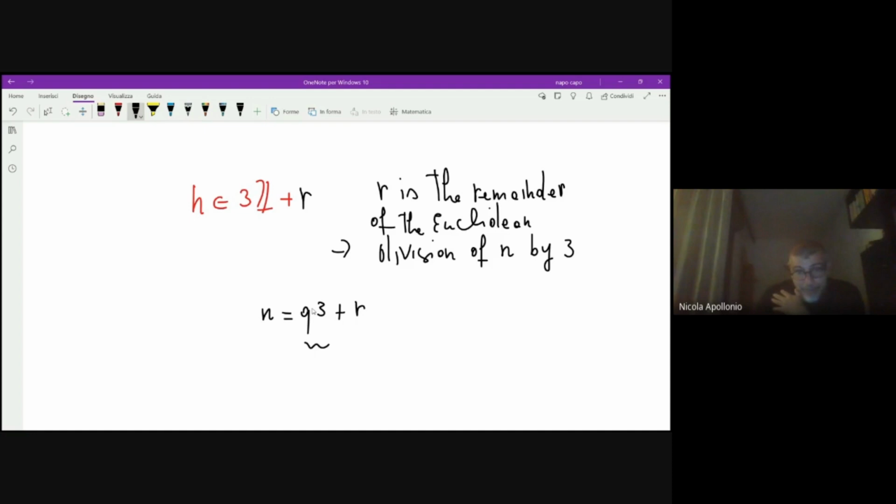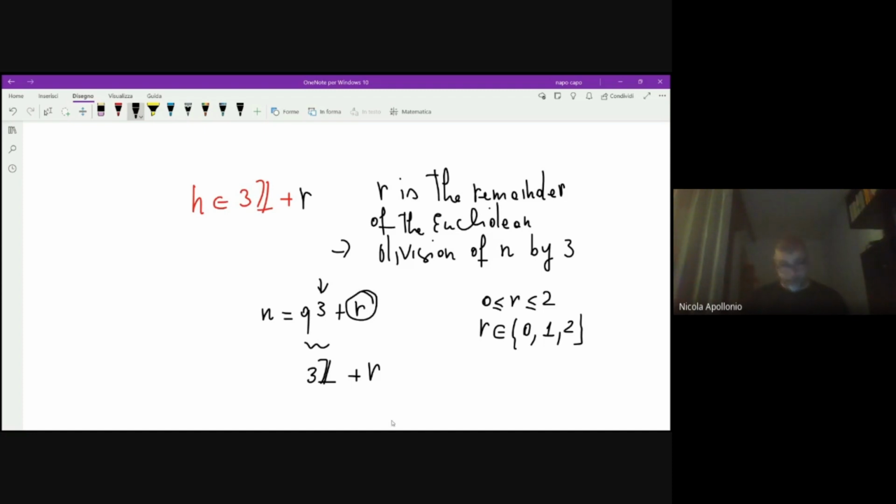This is a multiple of 3, and this is r. So we know that r is always non-negative and strictly smaller than 3, not larger than 3 minus 1, which means that r can be only 0, 1, or 2.